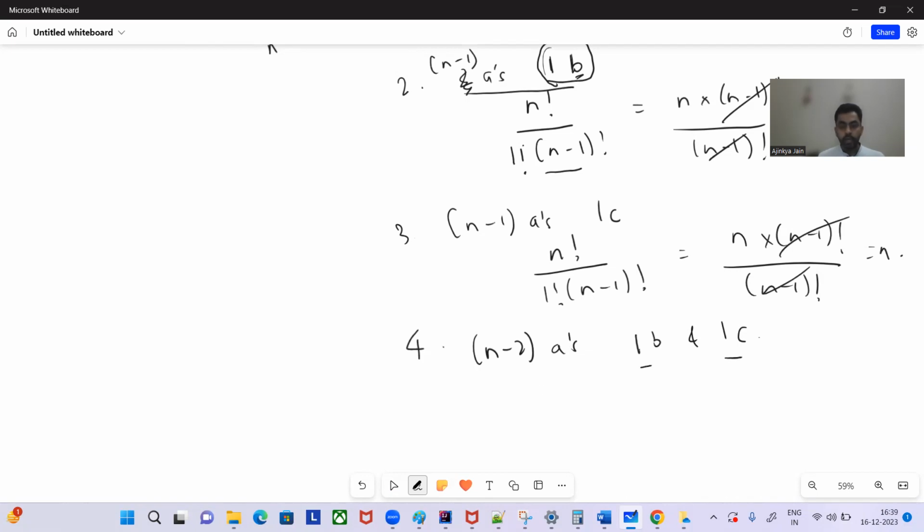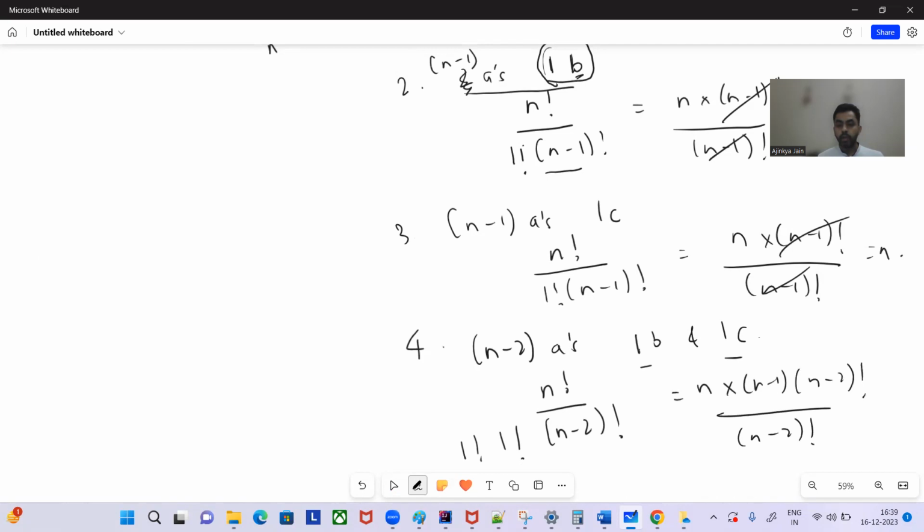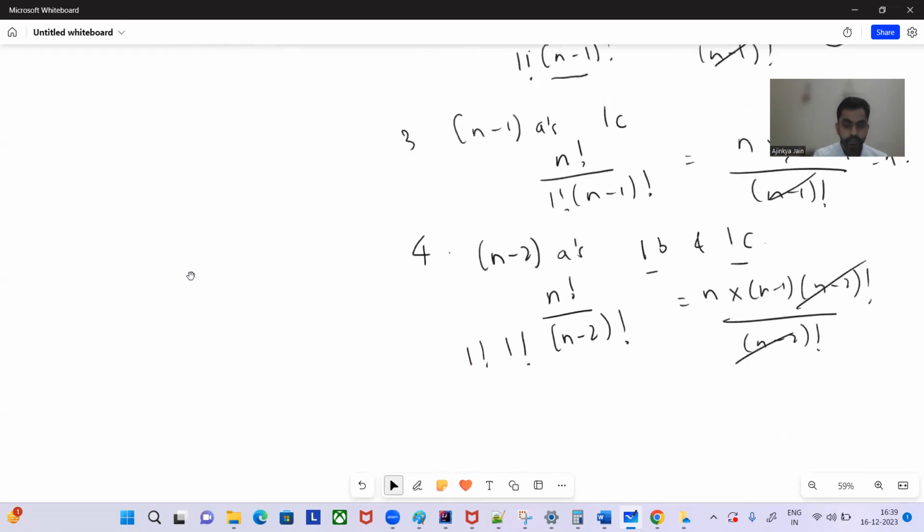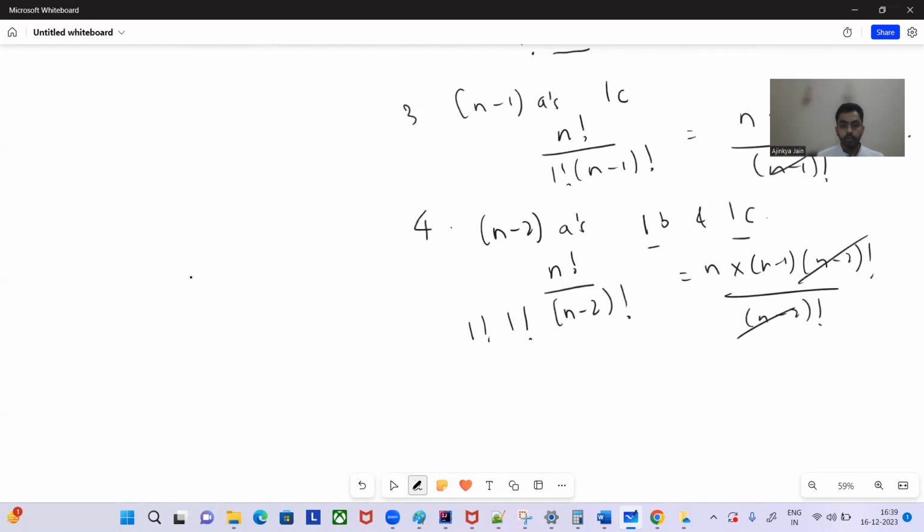So it will be n factorial over n minus 2 factorial, 1 factorial for B, 1 factorial for C. So it will be n into n minus 1 into n minus 2 factorial upon n minus 2 factorial, so it will be n into n minus 1.